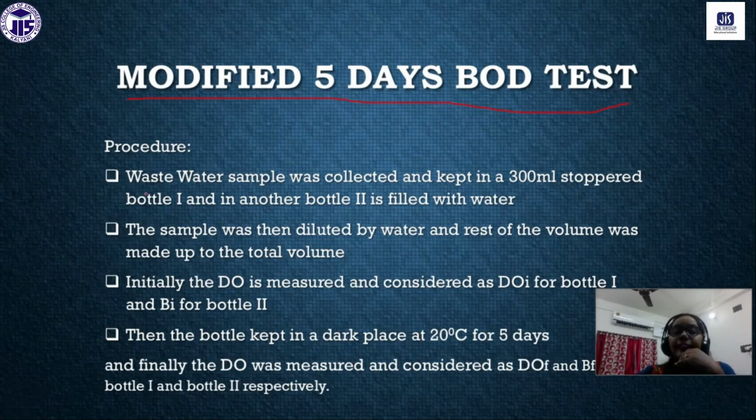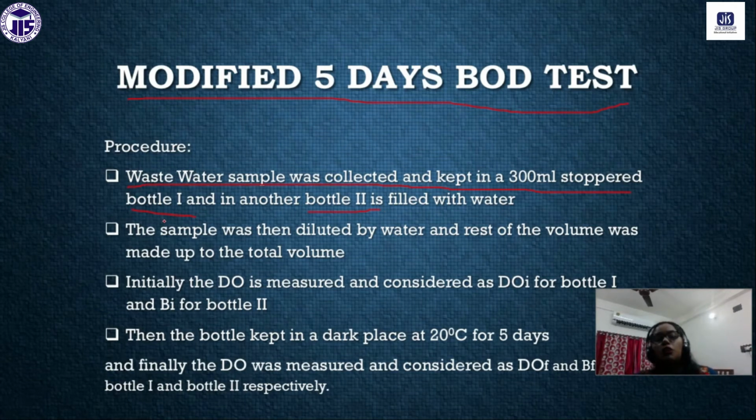Now we will see here what is the procedure of the modified BOD test. One is the wastewater sample first. What we have to do here, we will take two bottles rather than one bottle. The first is bottle 1, and another bottle is marked as bottle 2.